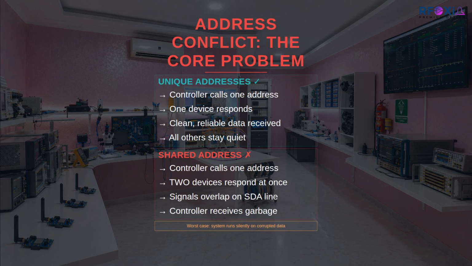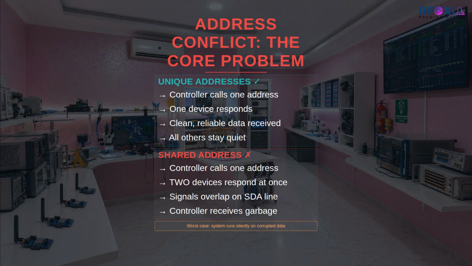Simple, clean, theoretically. The problem is that every device on an I2C bus needs a unique 7-bit address. That address is how the controller knows which sensor it is talking to. The controller puts an address on the bus and only the device that recognizes that address responds. Everyone else stays quiet.